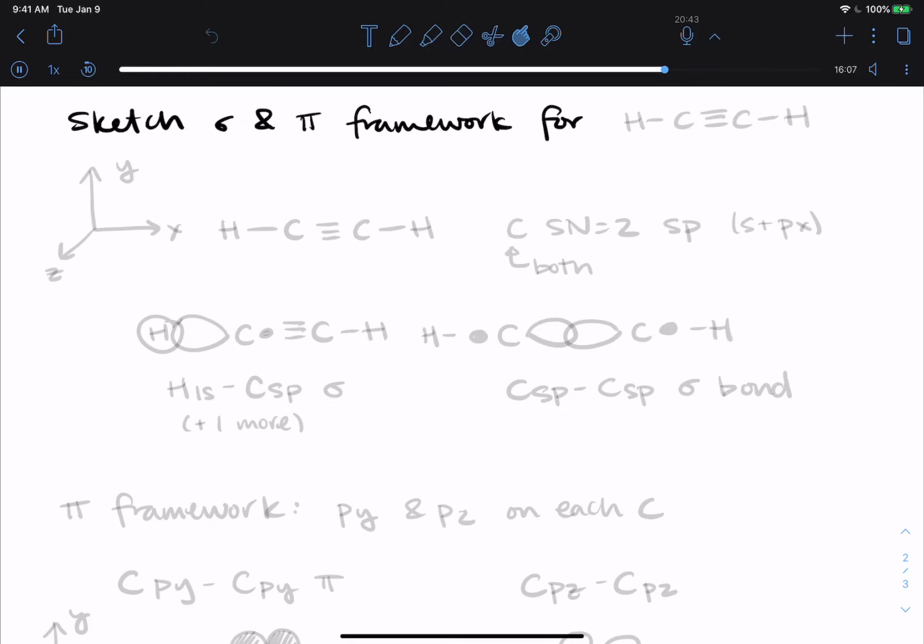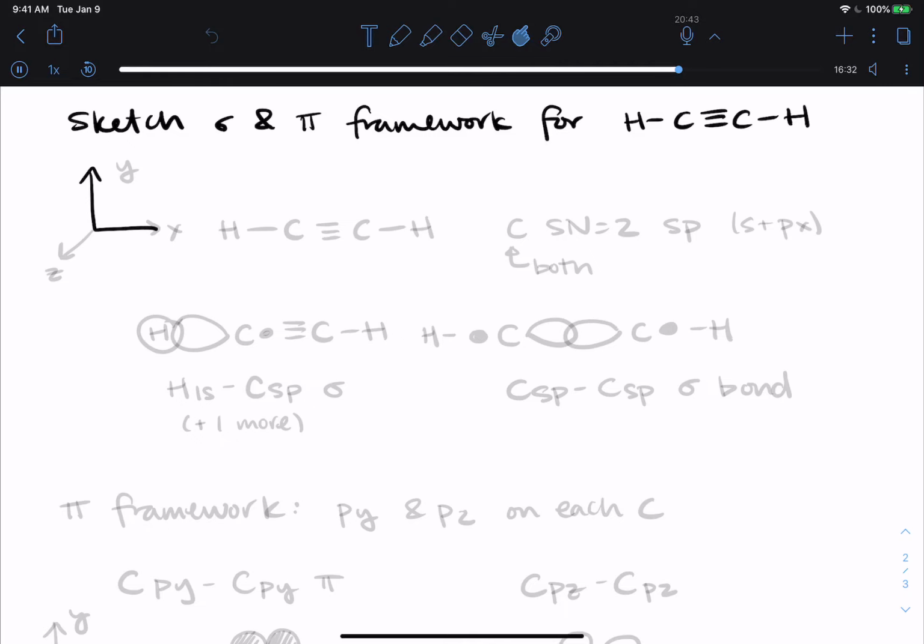For it is C2H2, and it ends up being H, C, triple bond, C, H. All right, so I have sigma bonds, and I have one triple bond, so that's going to be one sigma and two pi bonds to deal with.